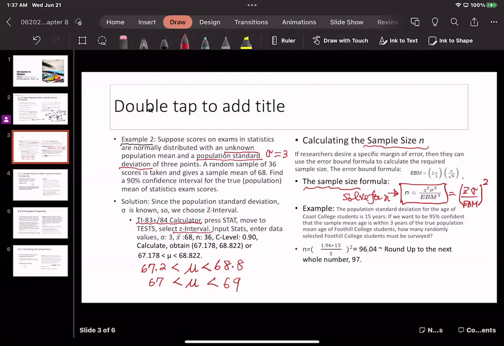So here is an example. The population standard deviation for the age of college students is 15 years.